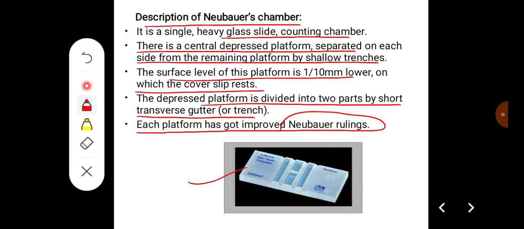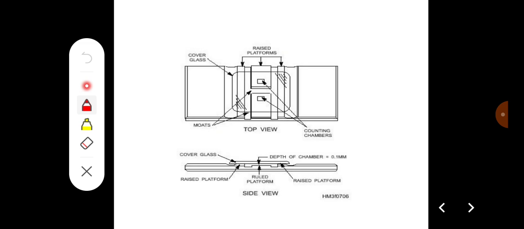So this is how the Neubauer chamber looks. There is an H-shaped groove, and in between you have depressed central platforms on which the Neubauer ruled areas are etched. So this is the top view of Neubauer's chamber with the H-shaped groove and the central platform, which are a little depressed, and you can see the etched Neubauer's ruled areas.